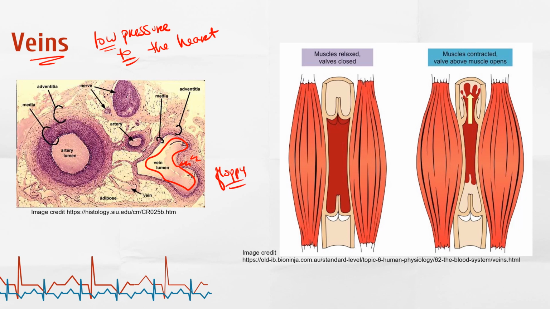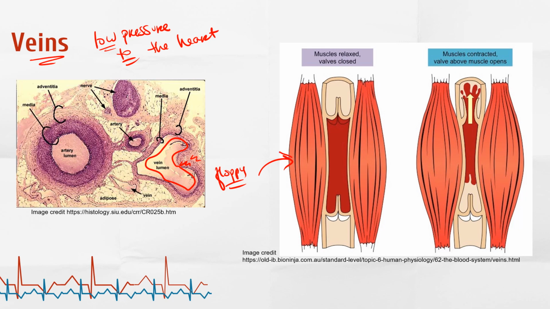But in a way that's kind of good because that allows our skeletal muscles, the muscles that we use when we work out, our calf muscles, our thigh muscles, our biceps and triceps, to squeeze on those super floppy veins. When we work out, not only are we doing good things for those muscles, we're building up that muscle, but we're also helping to push blood back to the heart.